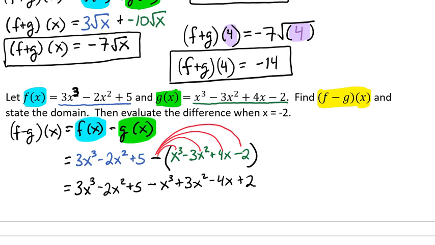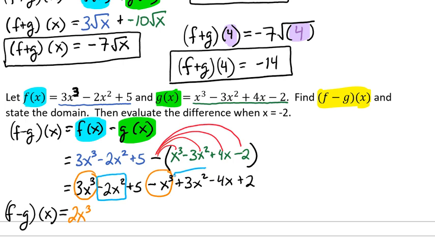And from here, we're simply going to combine our like terms to come up with our final function, the difference of f and g of x. And so here we see that our 3x to the third can go with our minus x to the third, and that's going to give us a 2x to the third. We've got a negative 2x squared and a positive 3x squared.